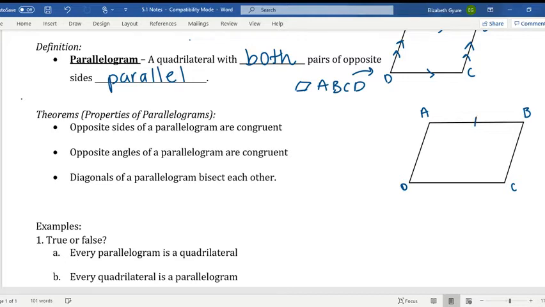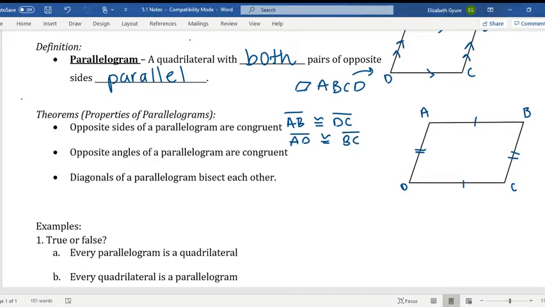So side AB would be congruent to side DC, and side AD would be congruent to side BC. So segment AB would be congruent to segment DC, and segment AD would be congruent to segment BC.